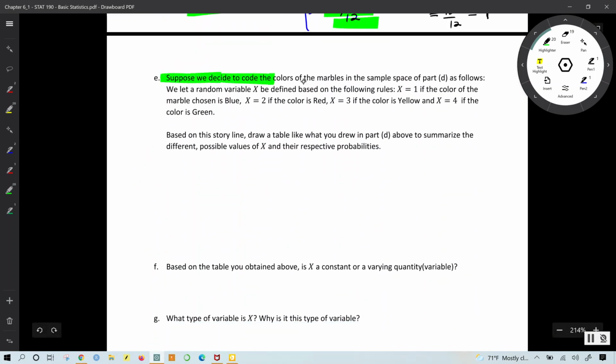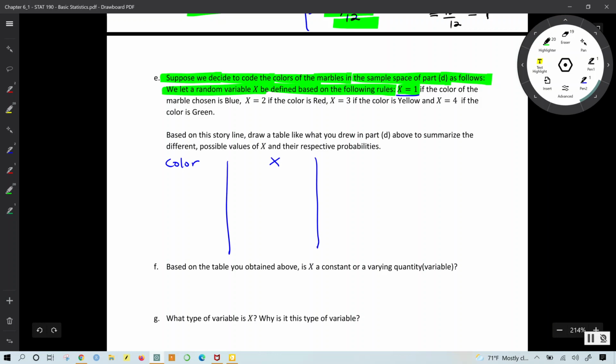Suppose we decide to code the colors of the marbles in the sample space of part D as follows. We let a random variable x be defined based on the following rules. I'm going to let x be 1 depending on what color is chosen.